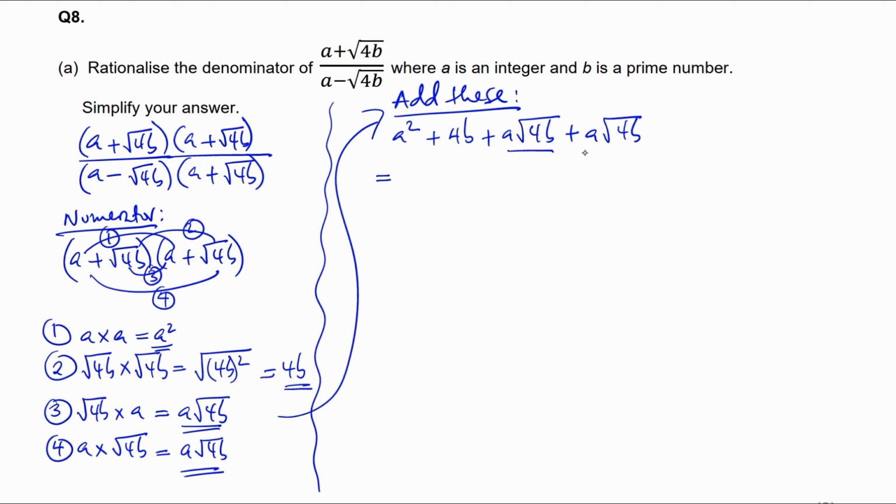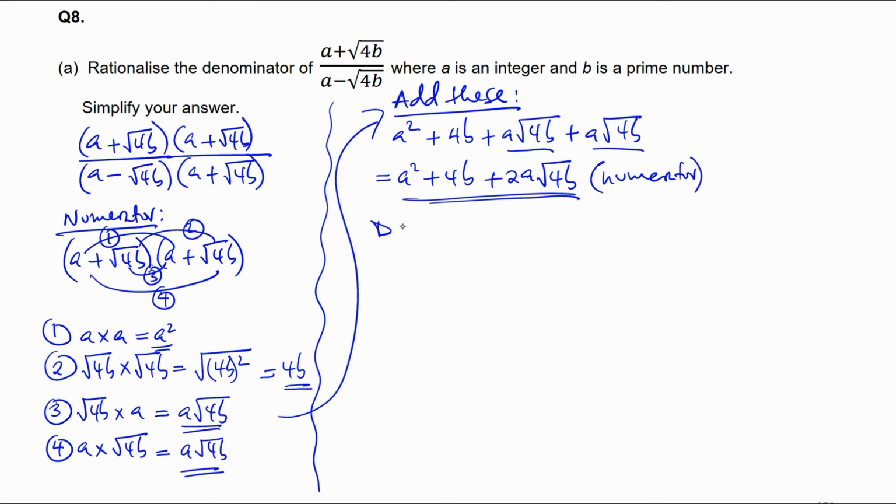Now we can simplify this by adding them together. So that will be A squared plus 4B plus 2 lots of A square root of 4B. All right, so that's the numerator.